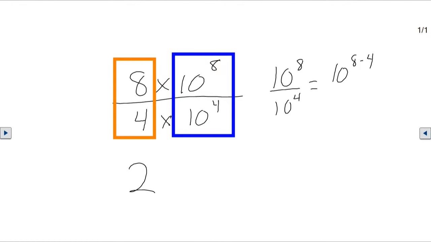So that's just 10 to the 8 minus 4 power, or more simply, 10 to the 4th power. So dividing is a pretty simple thing to do in this scenario. Now, if you notice in this one, my front number on the top is larger than the bottom one, and it comes out to be really simple.